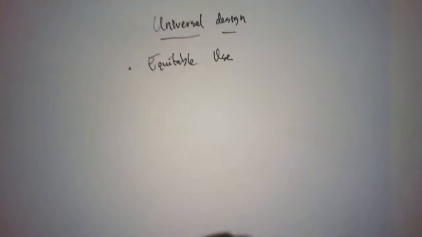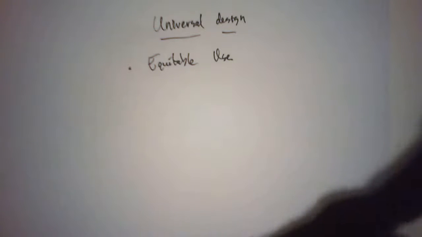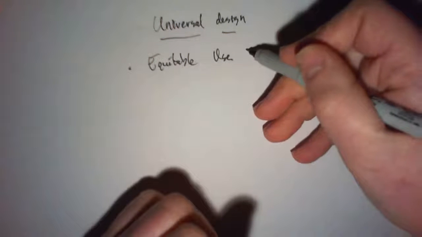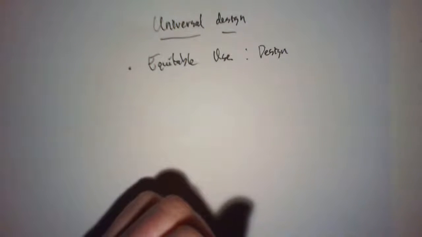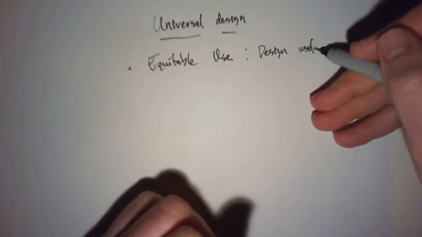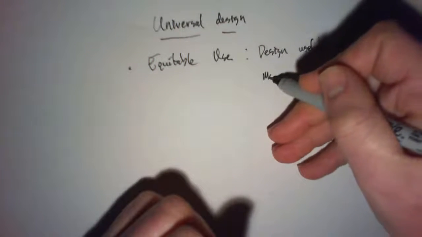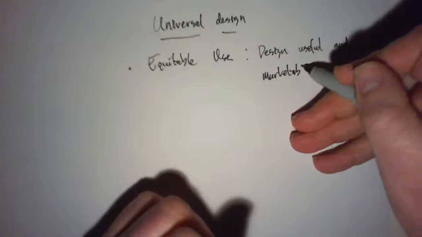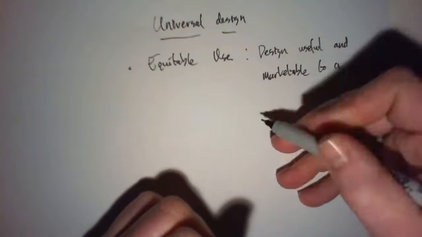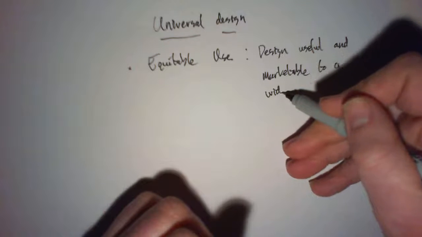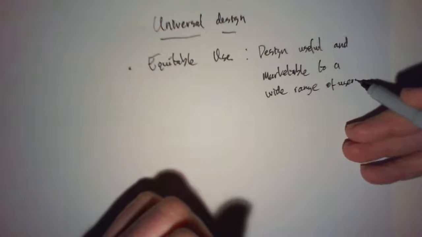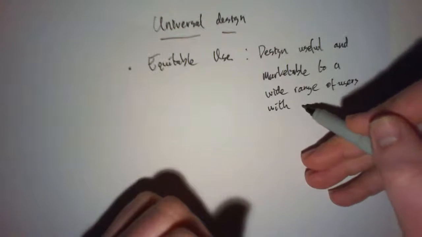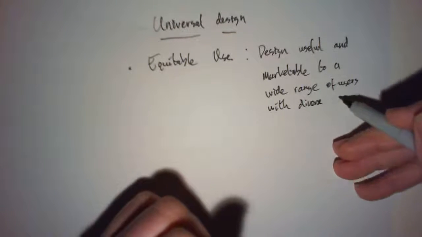So looking at all these areas, the first one is equitable use, the idea being that whatever you design is useful, and more importantly, marketable to a wide range of users with, I suppose, diverse abilities.